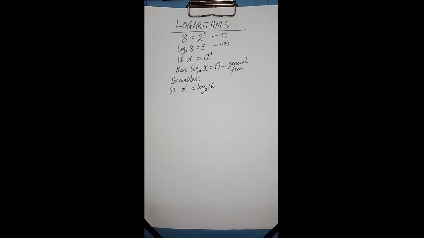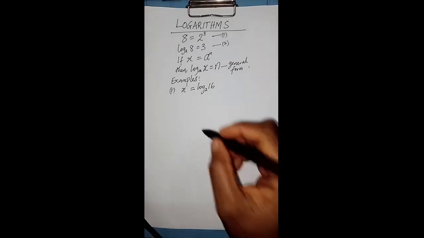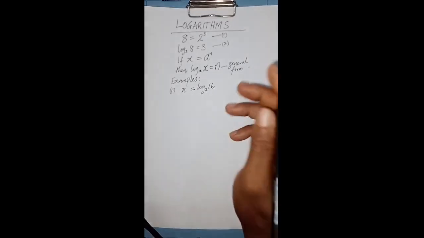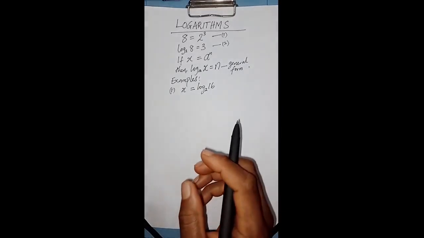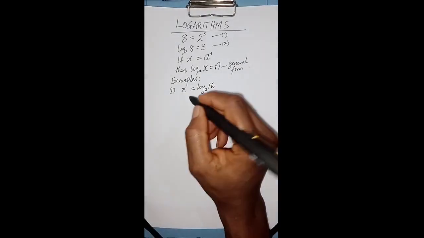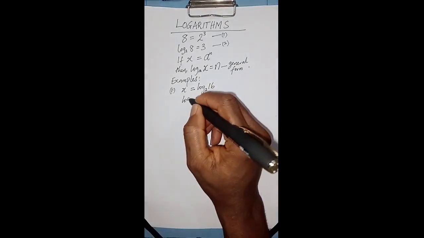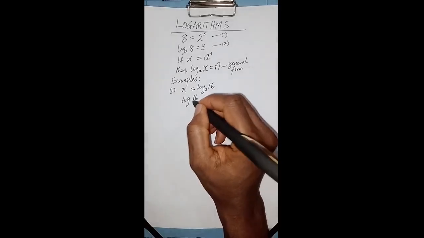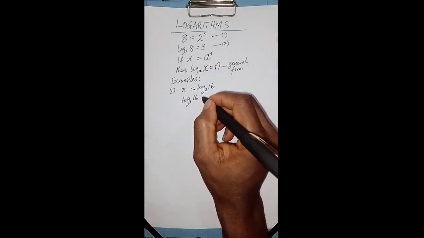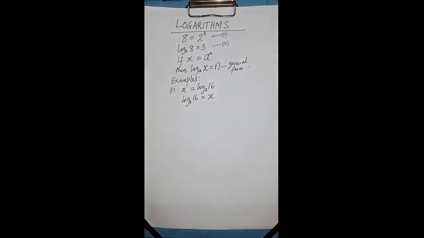I'm going to rearrange this equation so that it can be easier for you to comprehend. Let's take the right-hand side to the left-hand side and the left-hand side to the right-hand side. It's the same thing, which is log 16 to base 2 is equal to x. They are the same, nothing changes.